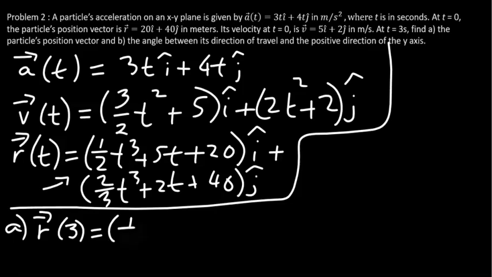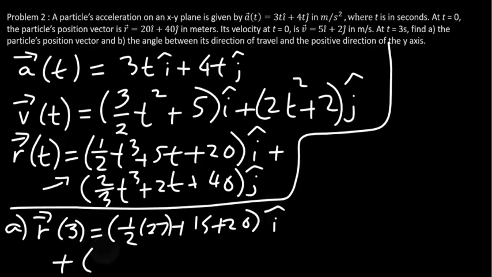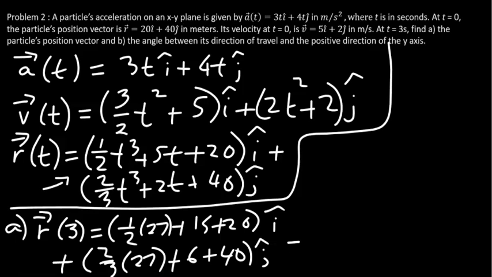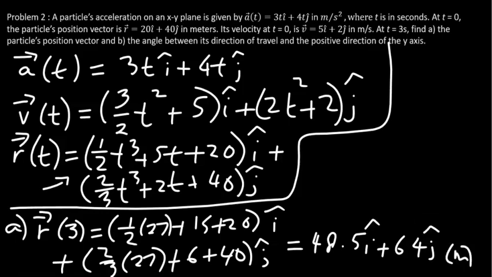That's going to be half 3 cubed, so that is 27. 5 times 3, that is 15 plus 20 i hat plus 2/3 t cubed is again 27 plus 2 times 3, that is 6 plus 40 j hat, and that's going to be 48.5 i hat plus 64 j hat measured in meters.